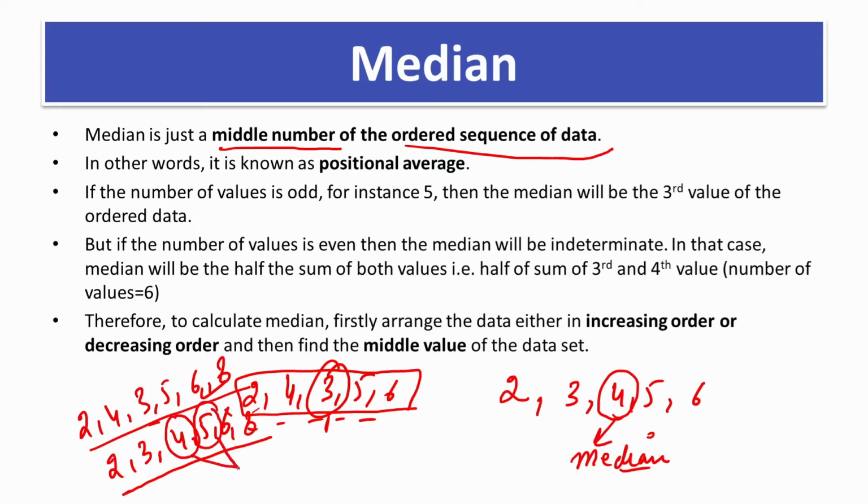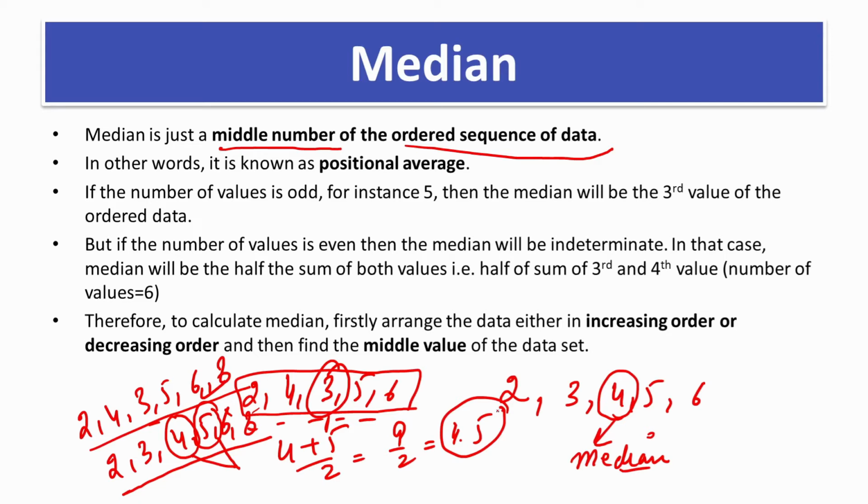They are at the position of the median. They are the middle values. So in the case of an even number of observations, the median will be half the sum of both values. It is half of the sum of the third and fourth value.